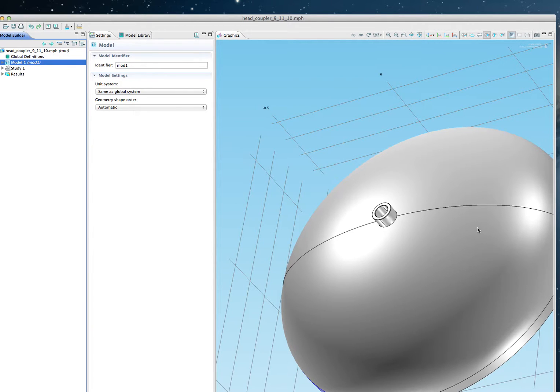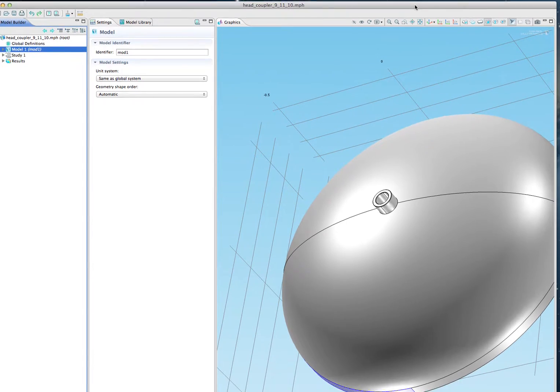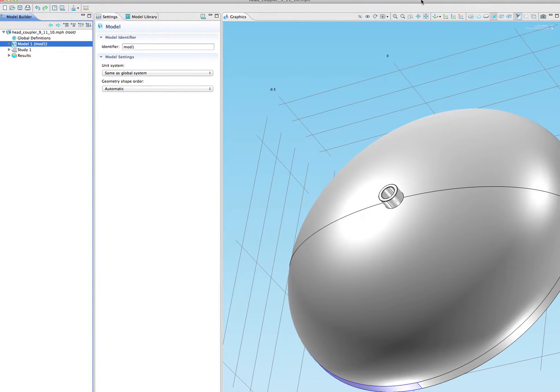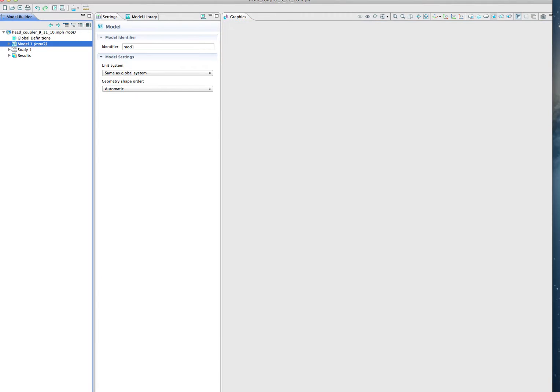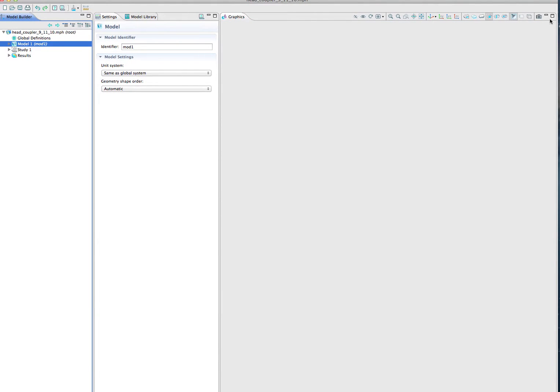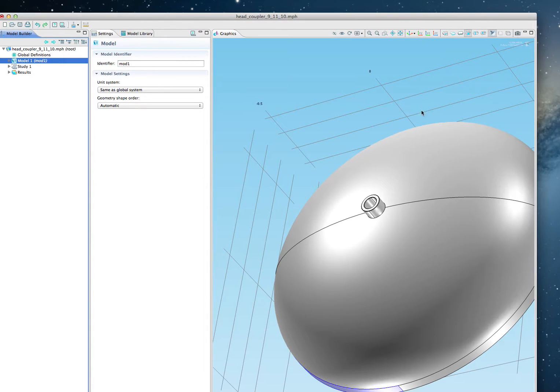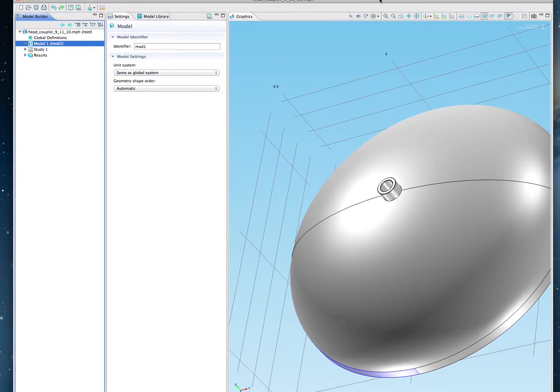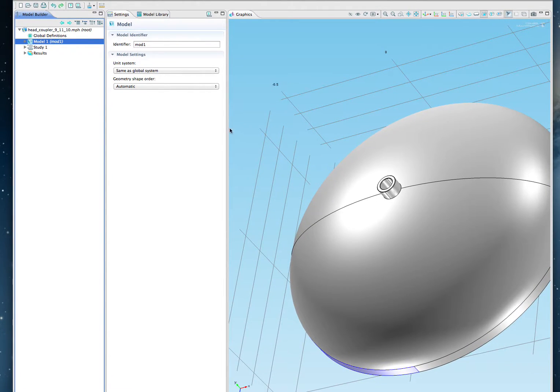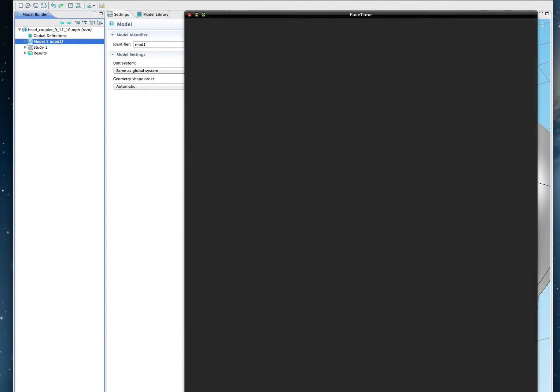So I have here a model that I built, and I'll describe this model in a second, once I just get the window to be in the right format. Yeah, this is good enough.